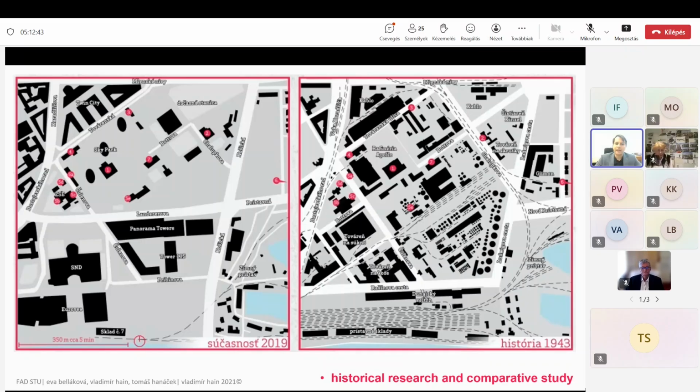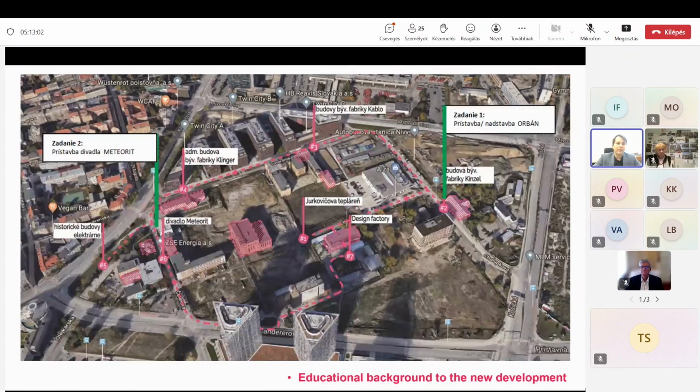So our first idea in 2019, during the industrial days, together with the Design Factory and the Faculty of Architecture, was to make a historical research and comparative studies of historical and current stages. This was the time in 2015 when the area was already empty.